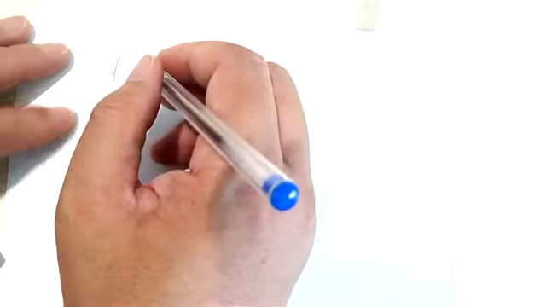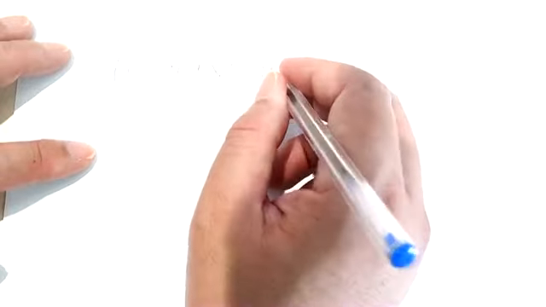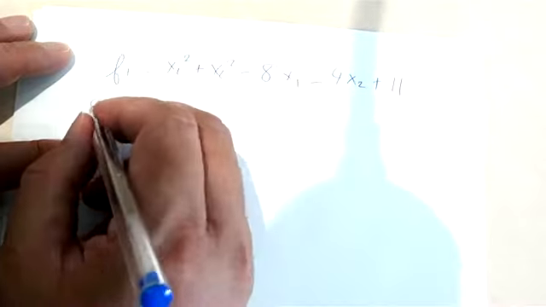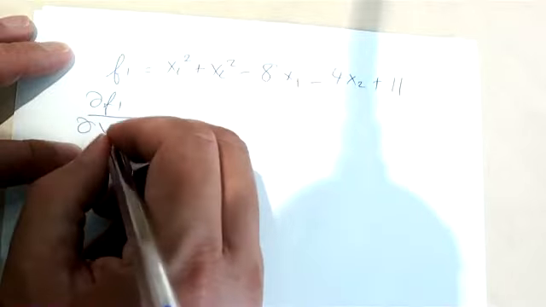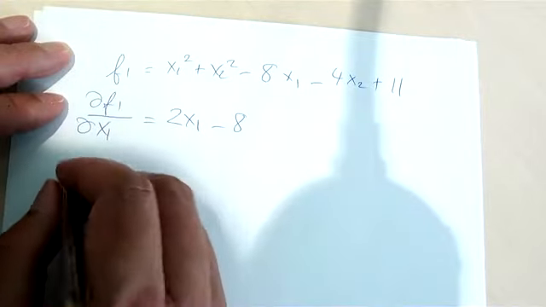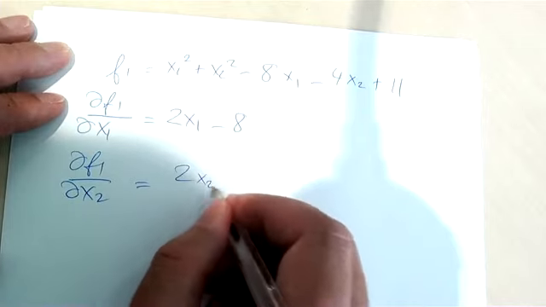You have f1 equals x1 squared plus x2 squared minus 8x1 minus 4x2 plus 11, right? So partial f1 with respect to x1 will be 2x1 minus 8, yeah? And partial f1 with respect to x2 will be 2x2 minus 4, yeah?